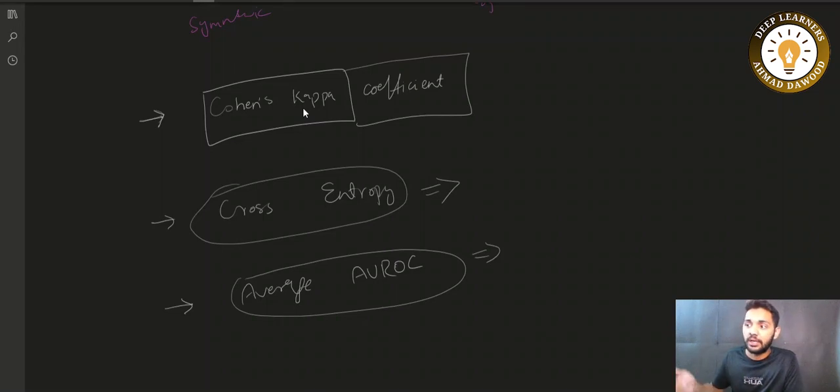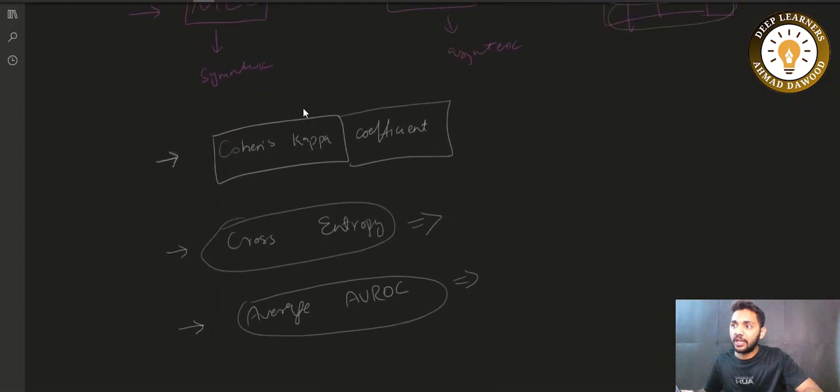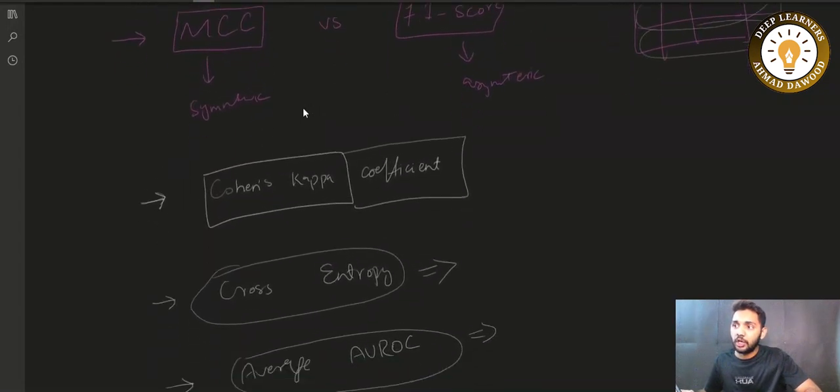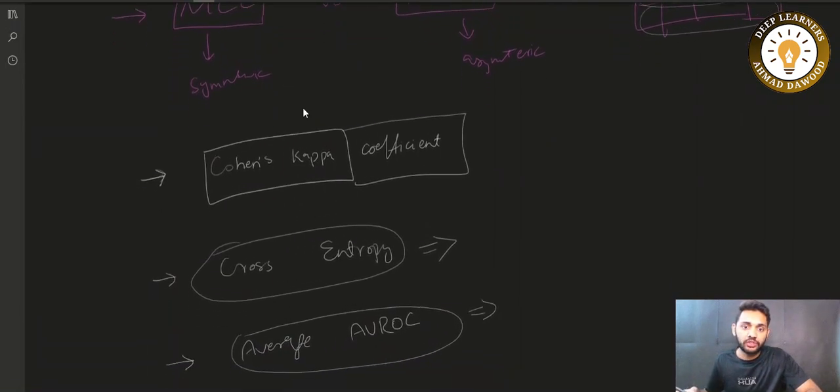So that's why I also do not recommend average ROC, cross entropy, Cohen's kappa, and Matthews. That's why I am discussing them here. People use them a lot in many articles. You will see people using MCC, Cohen's kappa, cross entropy, average area under ROC. You should play with them. I am not saying you should not go to that side.